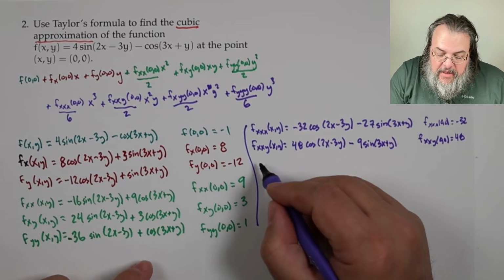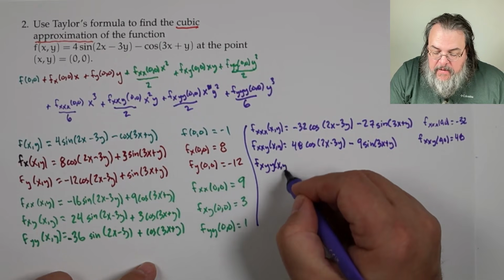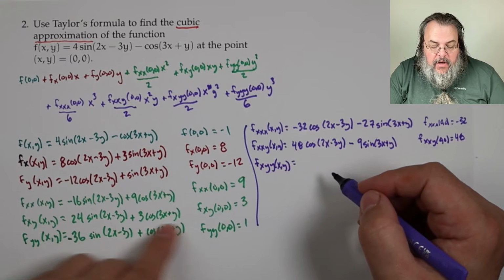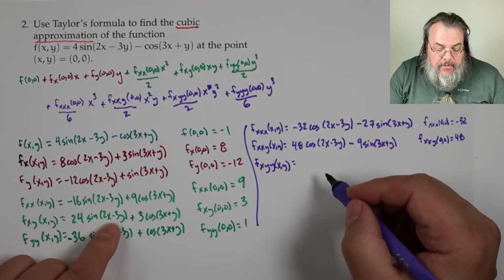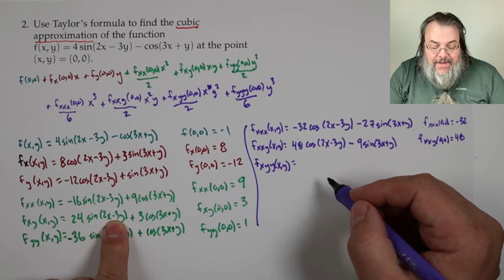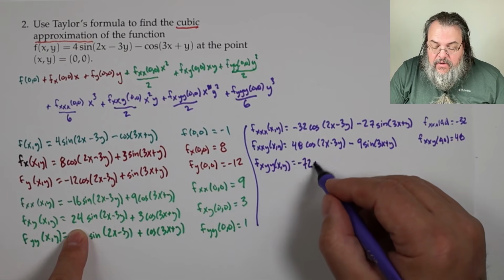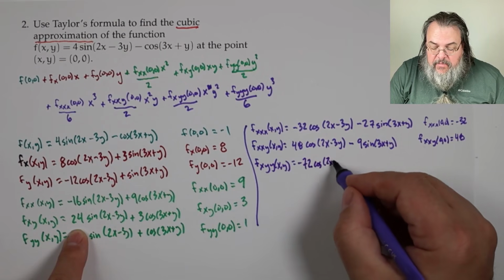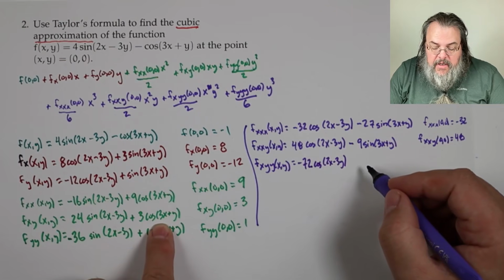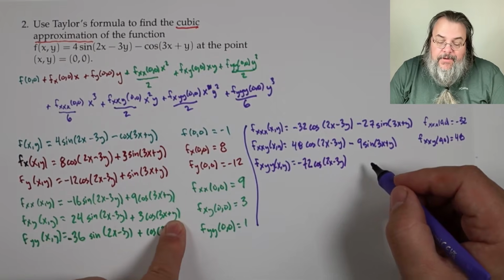All right, then we can go to f_xyy. Okay, so we come to f_xy, take derivative with respect to y. Derivative of sine is cosine. Negative 3 comes out, so that makes a minus 72 cosine(2x minus 3y). And here, taking derivative with respect to y, derivative of cosine is negative sine, and the derivative of y is 1.